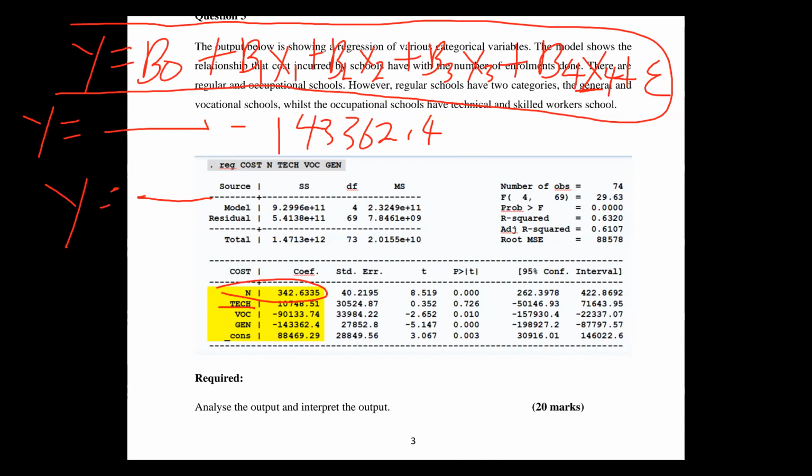Okay, thank you very much. You would also put it like this: an additional enrollment in a skilled workers school would impact the total cost, or would increase? Because if you say impact, that's general again. Is it reducing? You would say it would increase the total cost by 342.63 units.